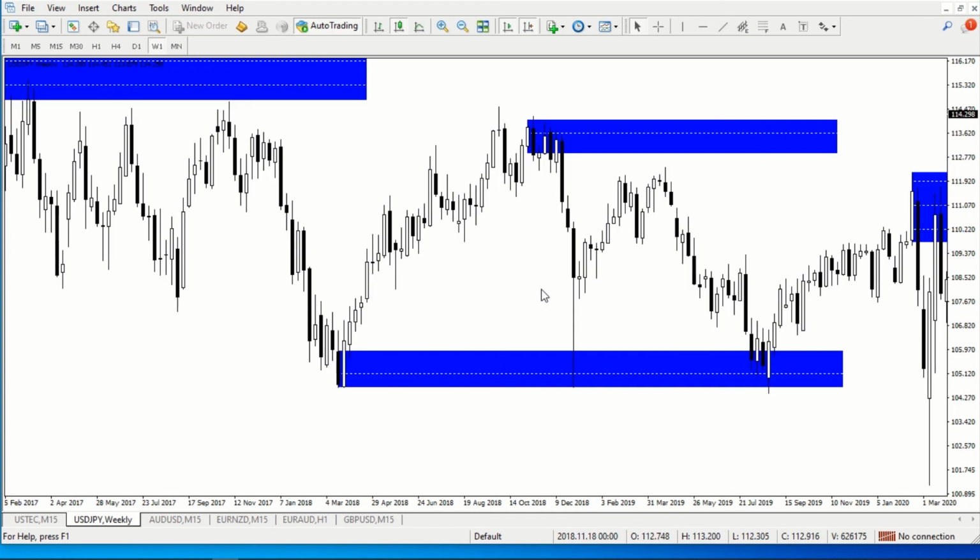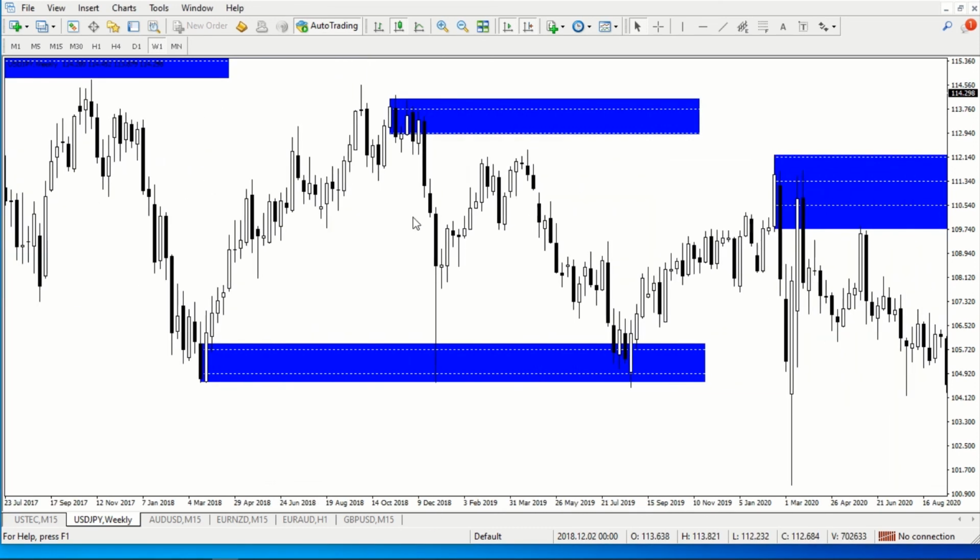Only high probability order blocks located at the major premium and discounted levels are respected. Also, high probability order blocks are always located at the stops. When we say stops, we are referring to session highs and lows, yearly highs and lows, monthly highs and lows, weekly highs and lows.